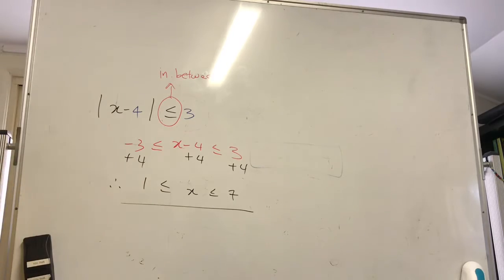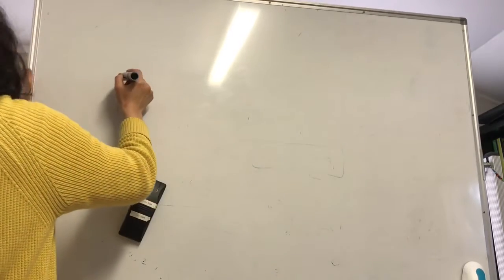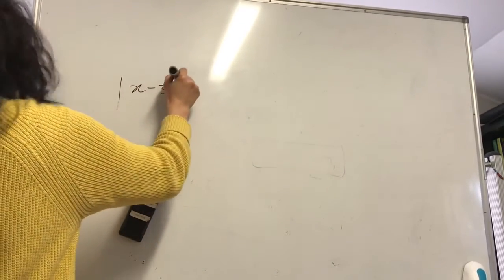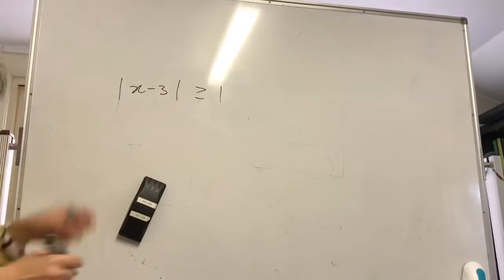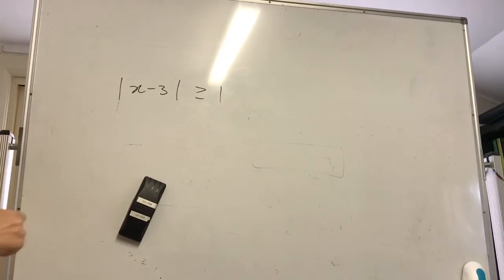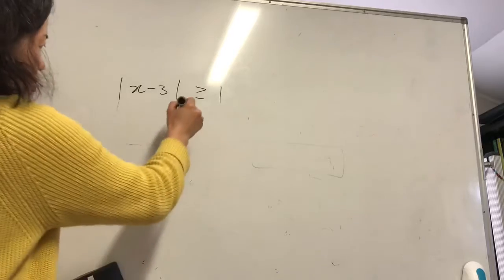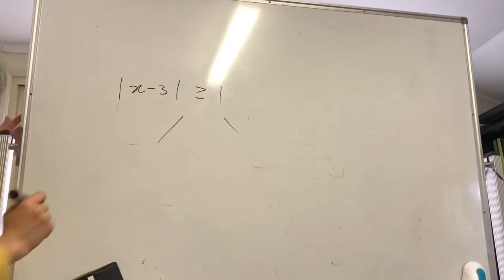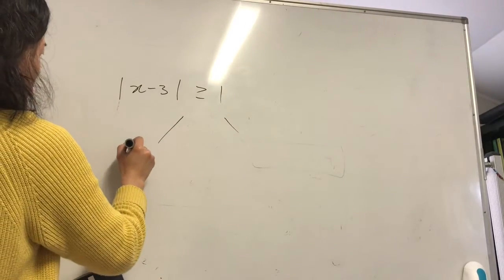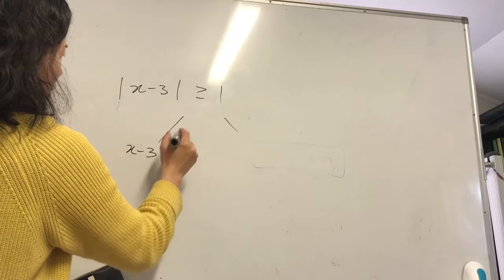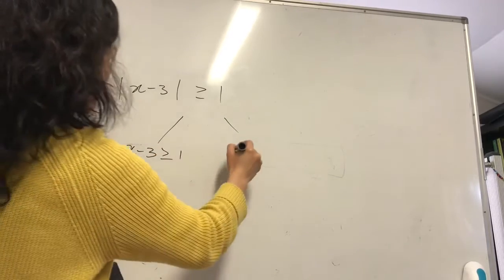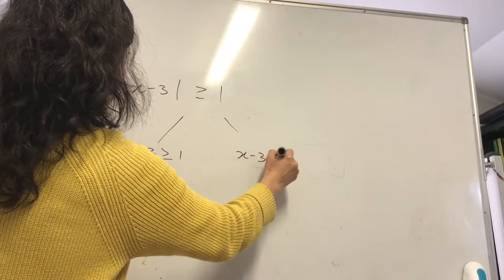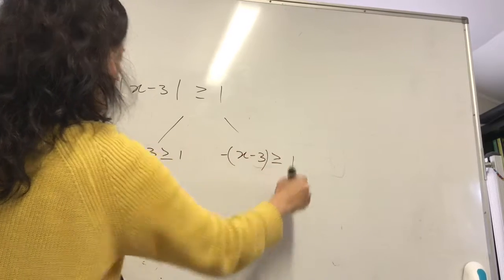That's what I have. The question is exactly the same, but what if it was bigger than or equal to 1? What happens then? Okay, then it's 2 cases. So it'll be like that.